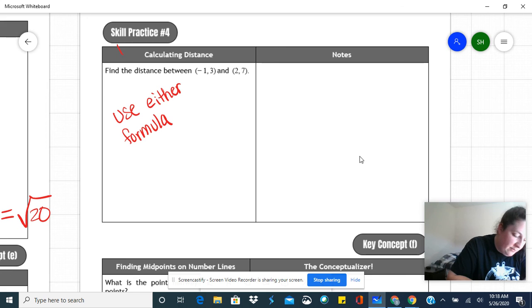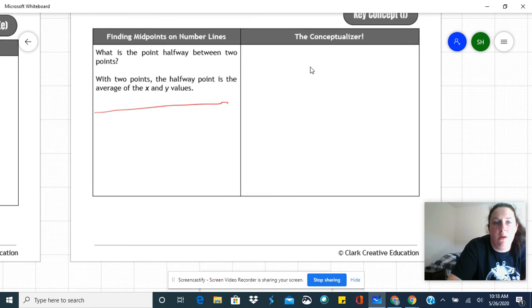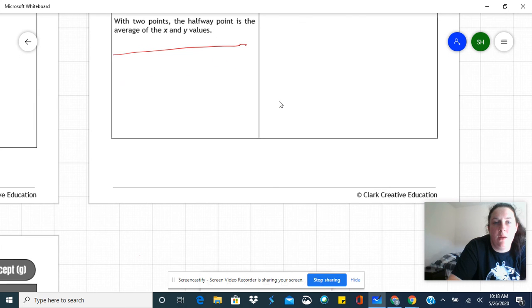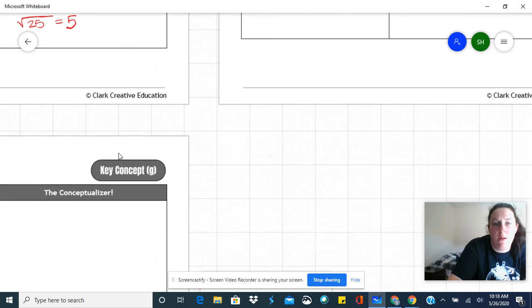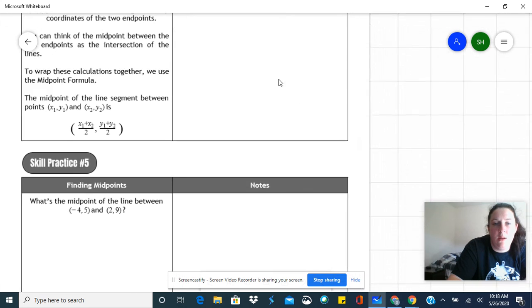And the midpoint, you can do that one on your own as well, okay?